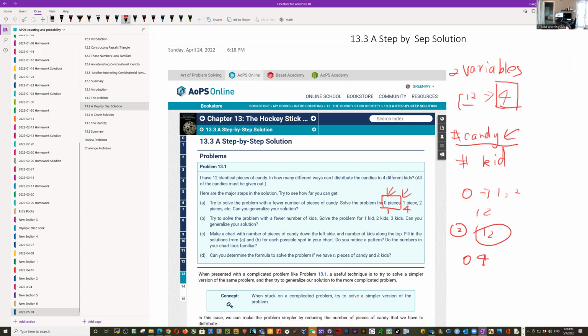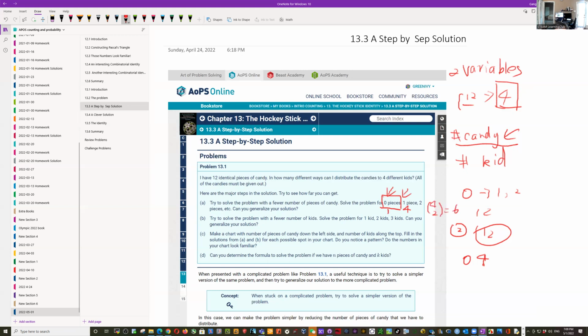Then I can give 1 candy to one person and the other candy to another person. This problem becomes 4 choose 2, because I divide 4 persons into 2 groups, one group has the candy and the other does not. So this is 4 choose 2, which is equal to 6.